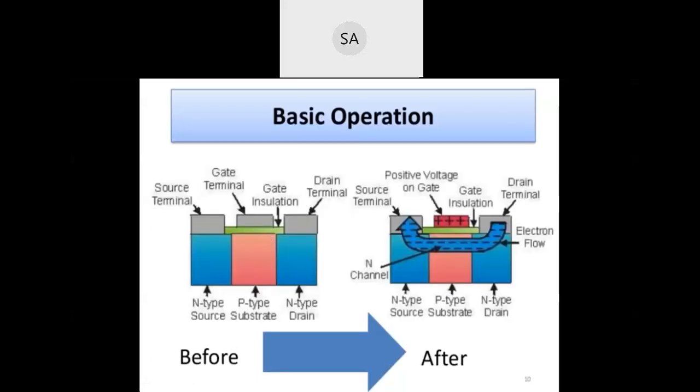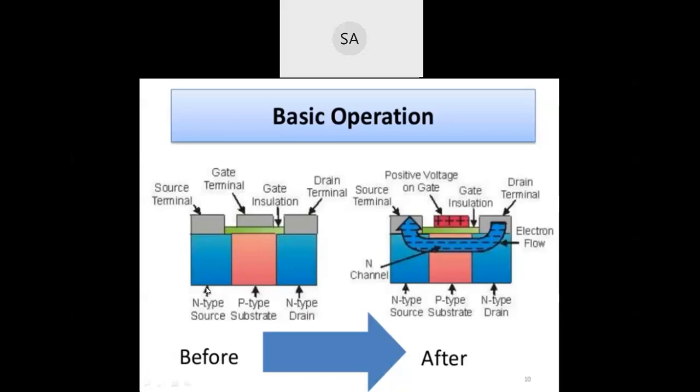Here we are showing the construction of this MOSFET, how it looks before and after. We are taking the P-type substrate with an N-type source and N-type drain, that is, N-P-N.